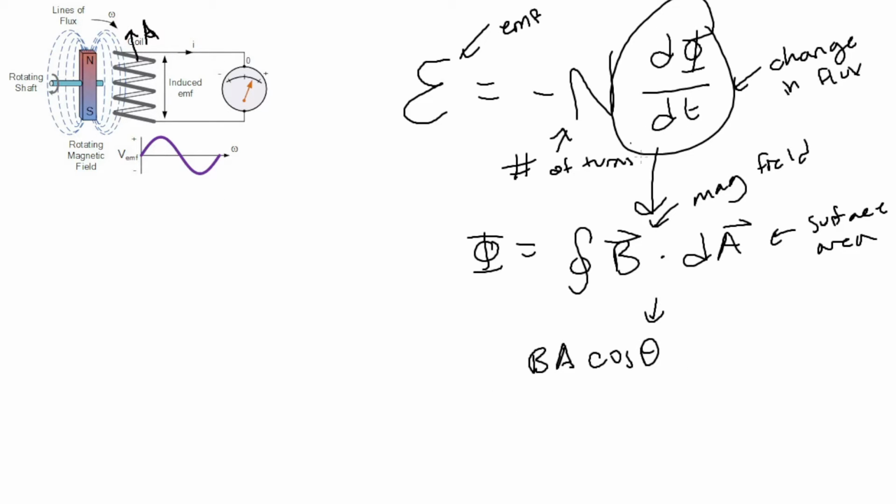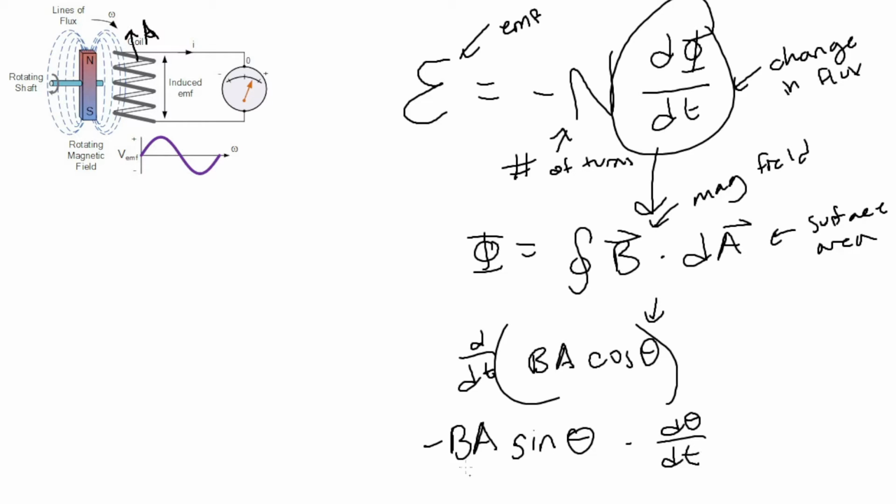If we took a derivative of this expression for magnetic flux, since B and A are both constant in our case, we would get negative BA sine theta times dθ over dt because of the chain rule. dθ over dt is omega, the angular speed. So the magnitude of all of this would just be BAω sine theta. This is a better mathematical representation of the exact application of Faraday's law that we're using.